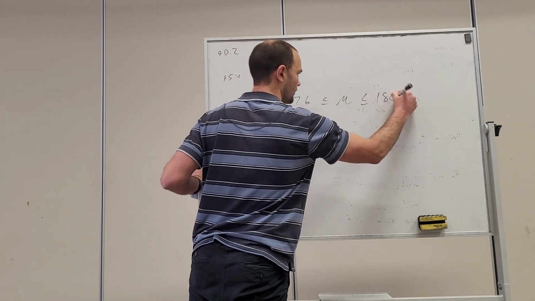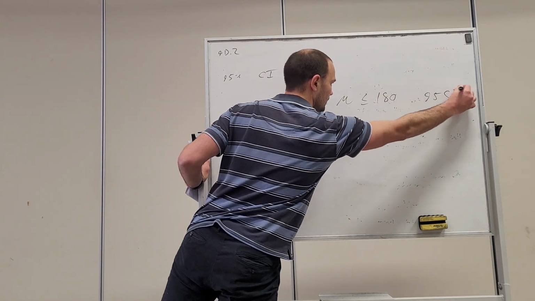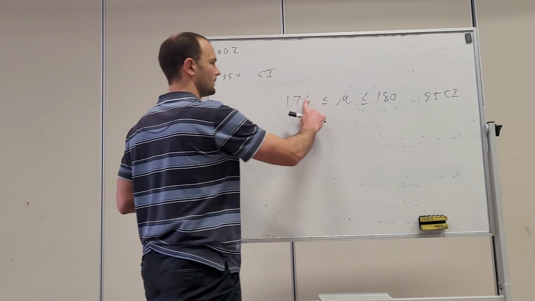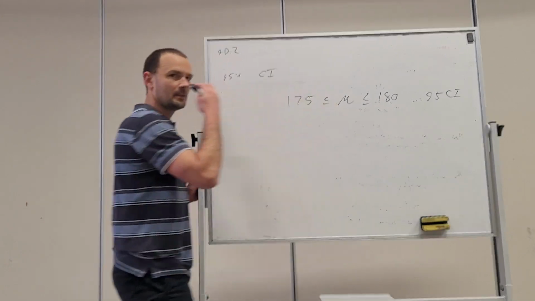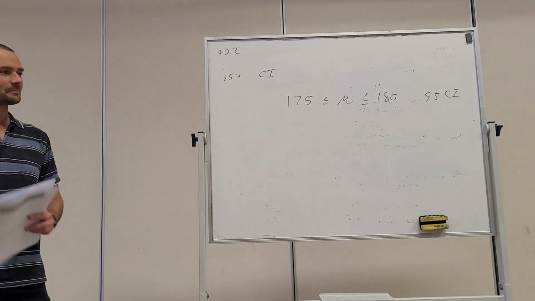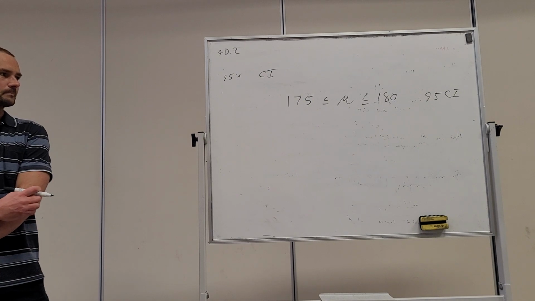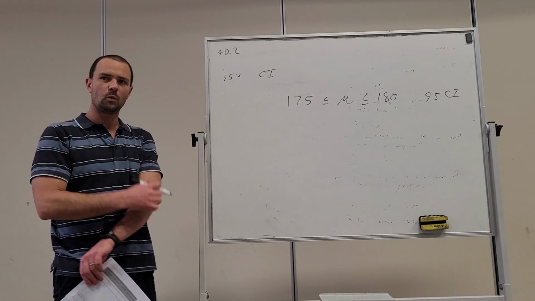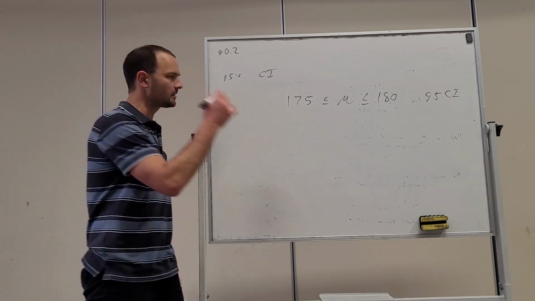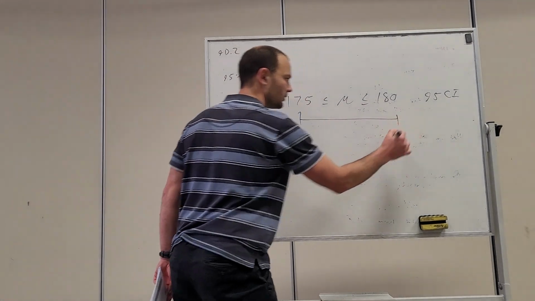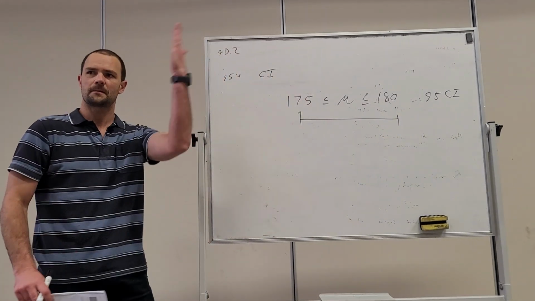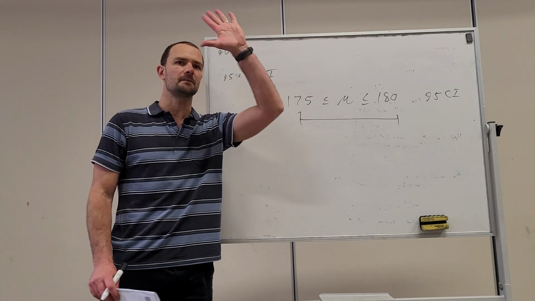Is that correct for the 95% confidence interval? 175 to 180. Thank you. So 175 to 180, and this has a width. The width of this confidence interval is 5 units. The distance from the lower boundary to the upper boundary is 5.